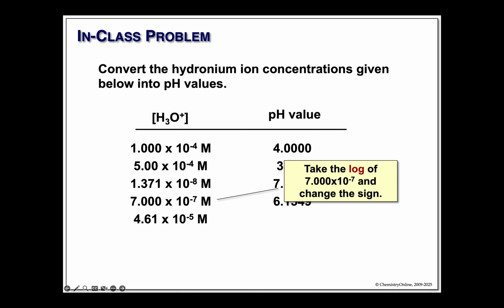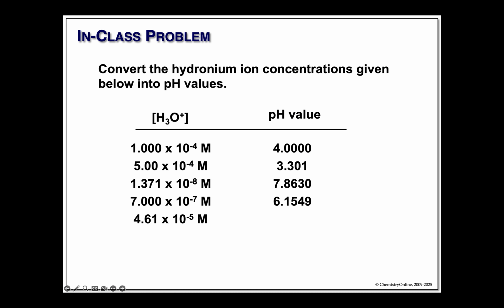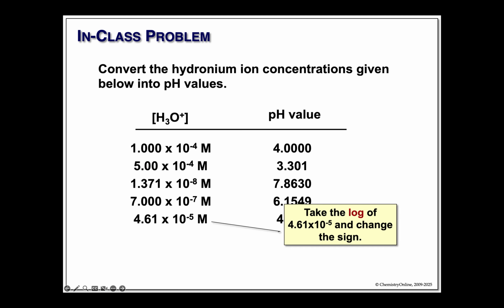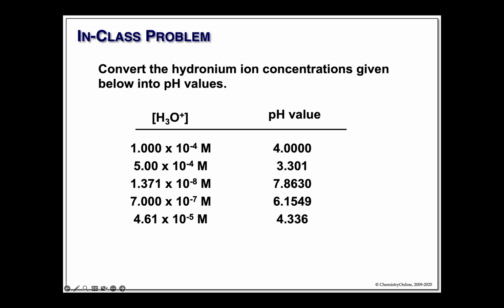We get 6.15. Change the sign. This is acidic. It's below 7. 1 times 10 to the minus 7 is neutral, not 7. And finally, same thing here. Type this in, hit log, change the sign, 4.336.